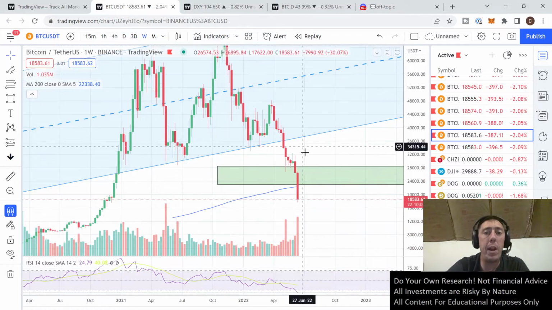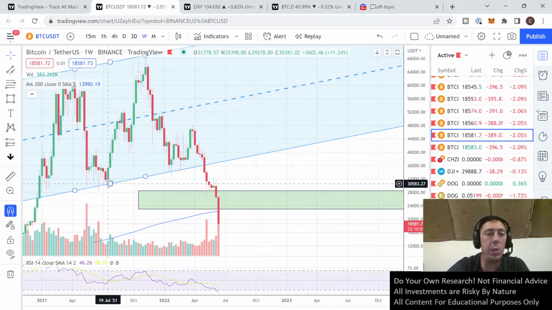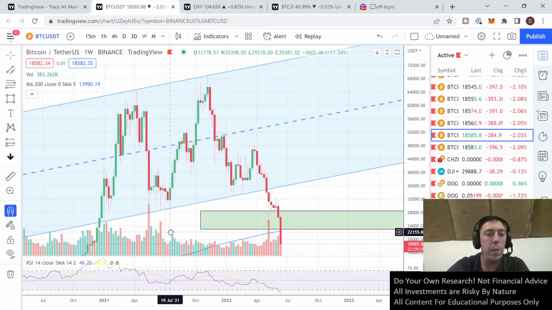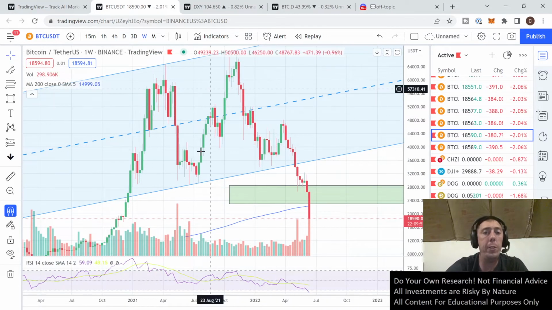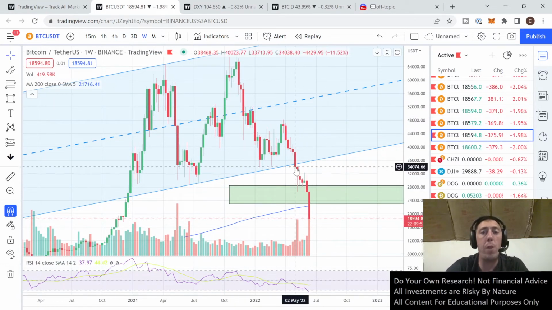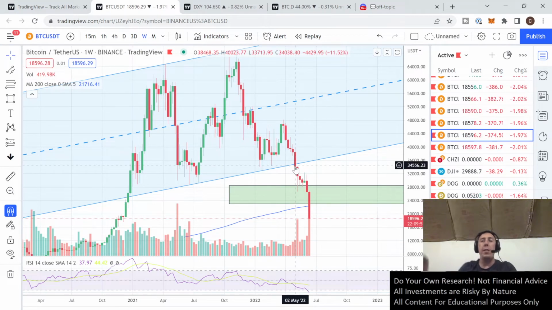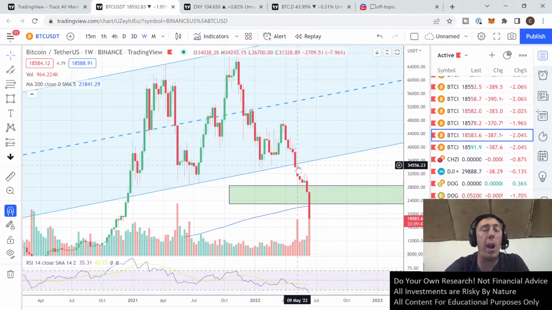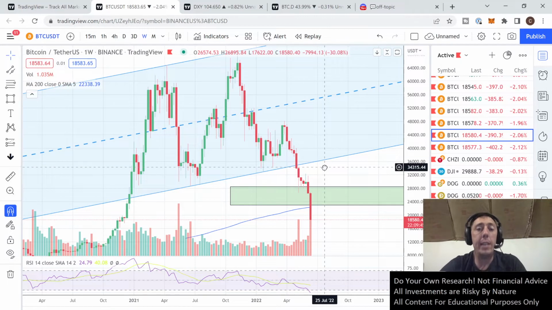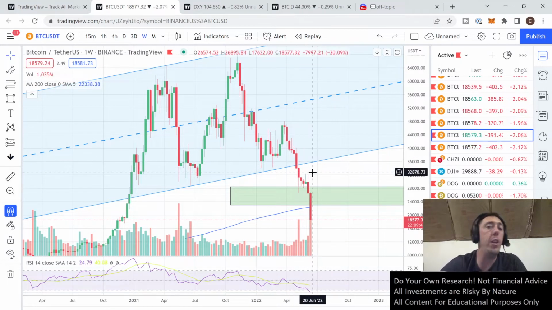Okay. This parallel channel is what supported the price this entire time during the bull run, right? This parallel channel was very significant. Whenever we broke down from here at 34,000, this was the level where everyone became super bearish, including myself, right? Because if we were healthy, this should not have happened.